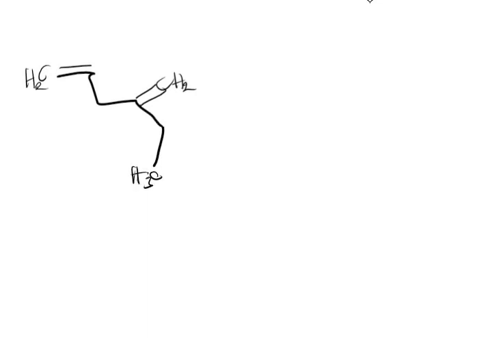And then if I want to count these, I'll start with this 1, 2, 3, 4, 5. All right, so I can see at carbon 1 and carbon 4, I have double bonds present. So I have a double bond here at carbon 1, and I have a double bond here at carbon 4.